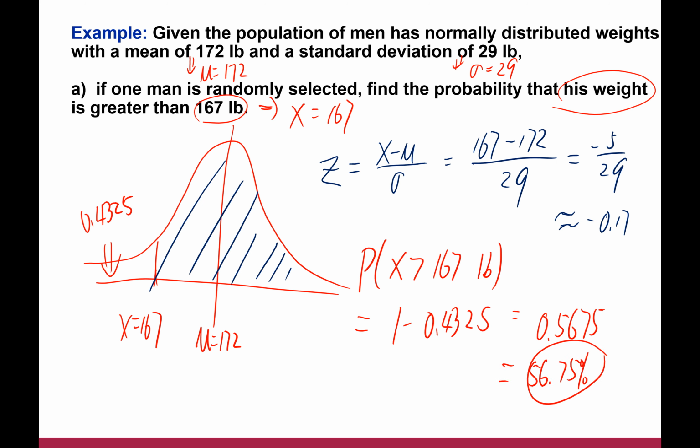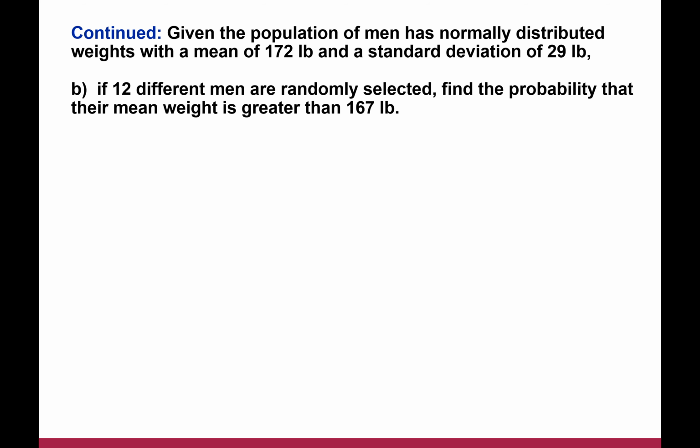Now, given the population of men is normally distributed with population mean mu equals 172 and standard deviation 29, we now have 12 different men randomly selected. So we get a sample mean and compare the sample mean to the population mean.